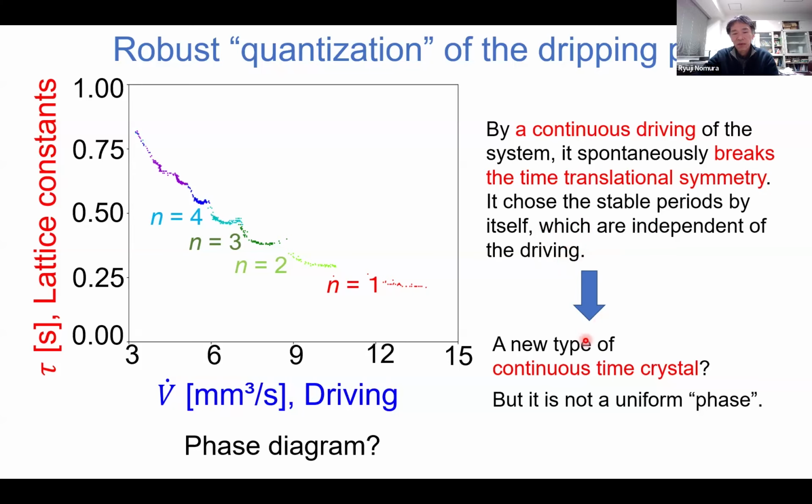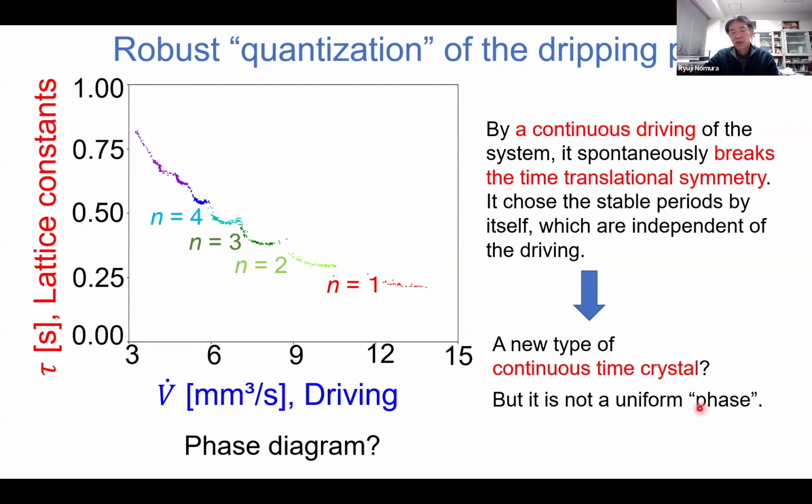My question is, can we regard this phenomenon as a new type of continuous time crystal or not? Maybe this is not a good idea, because of course it's not a uniform phase, it's a droplet.